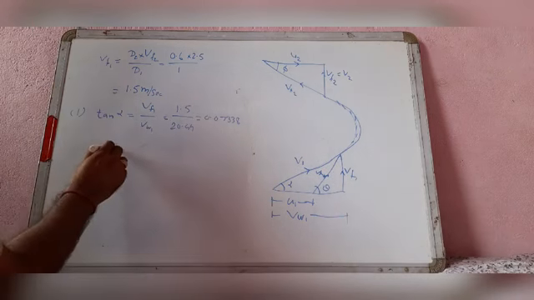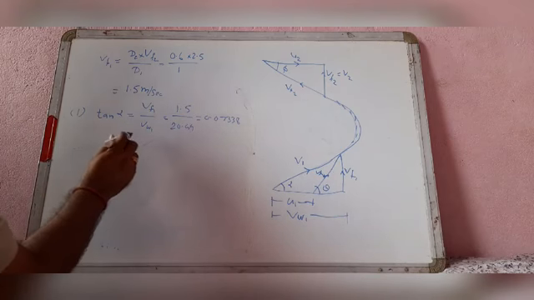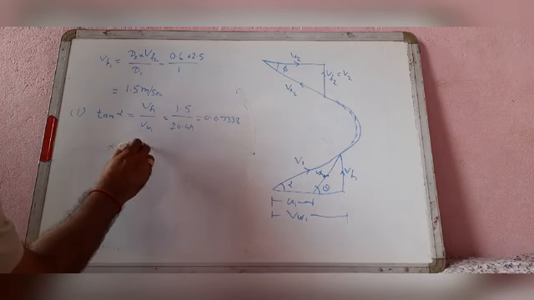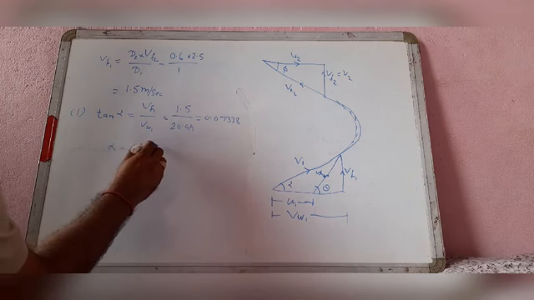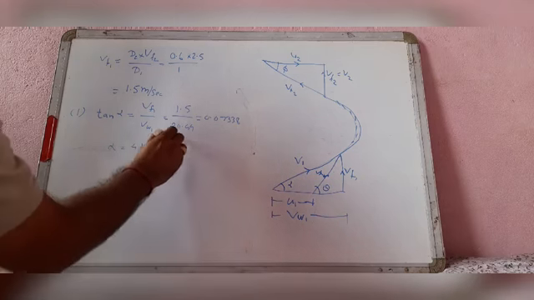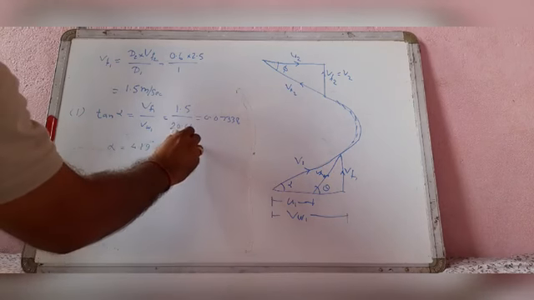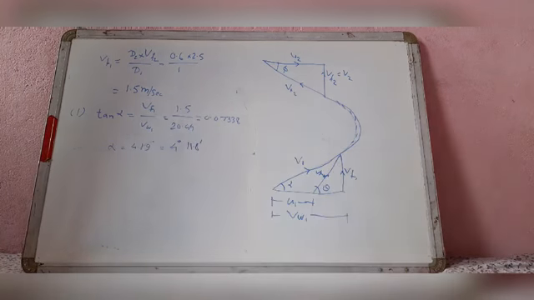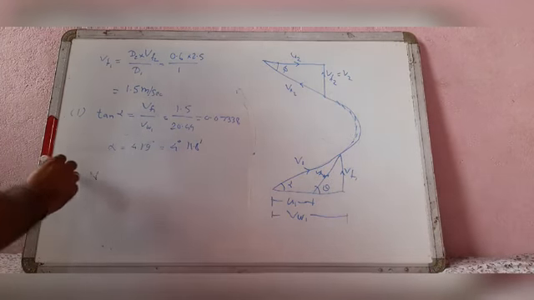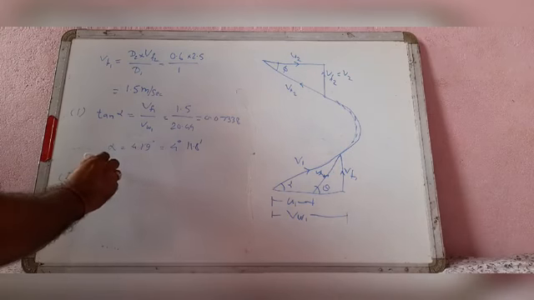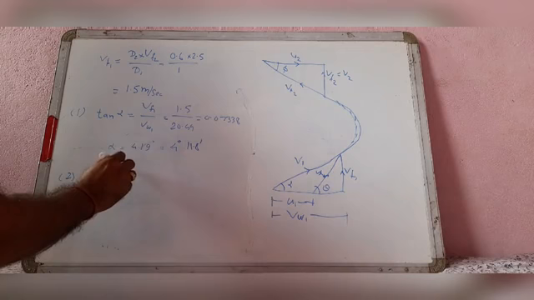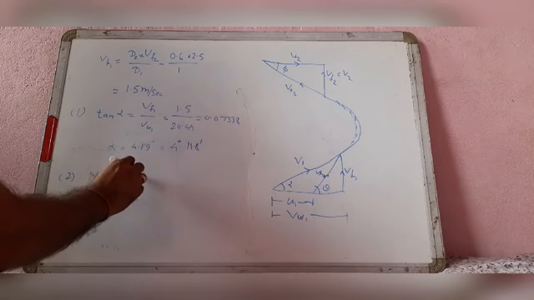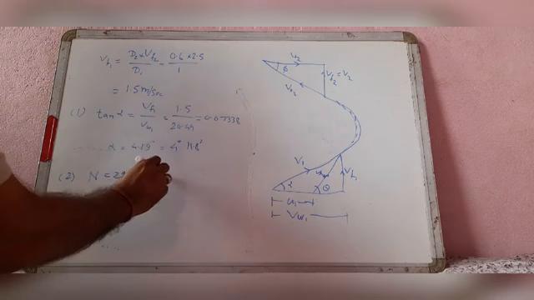So here alpha equal to 4.19 degree or 4 degree 11.8 minutes. Okay, this is the value of alpha. Now the speed of turbine is second. The speed of turbine we have calculated earlier, 296.98 RPM.